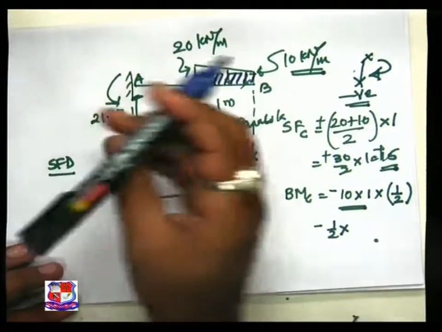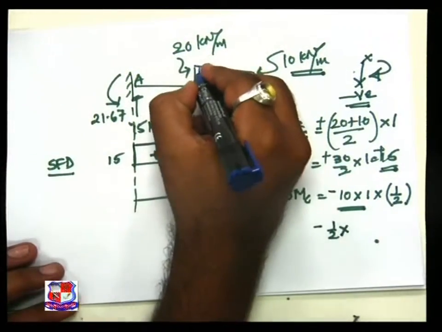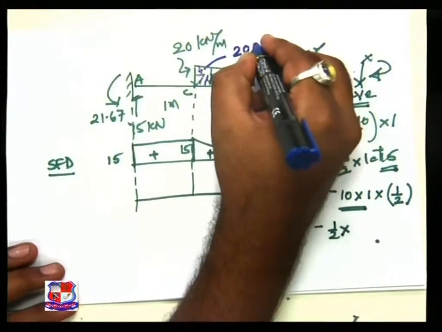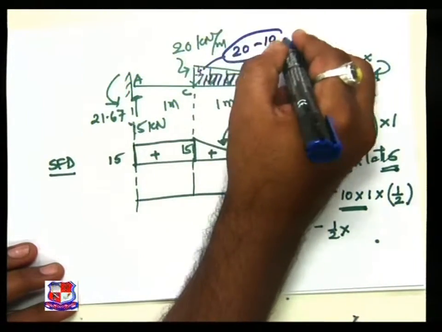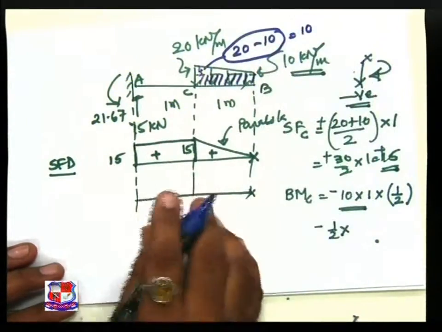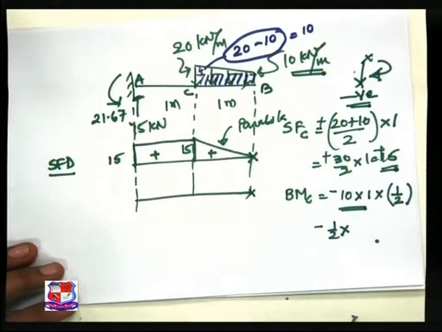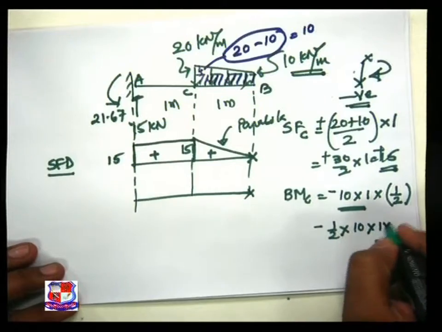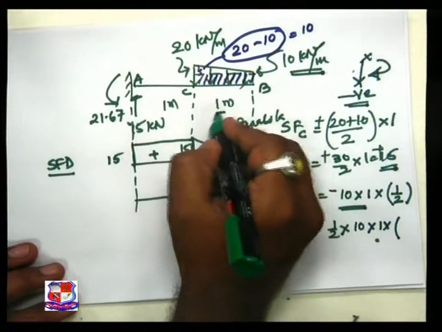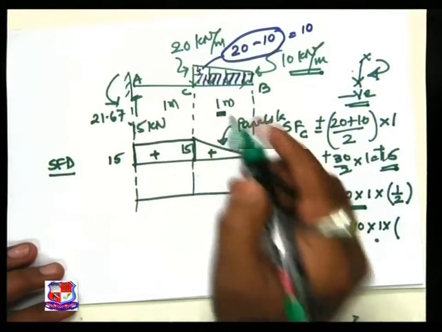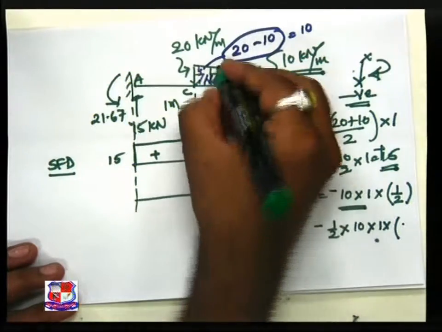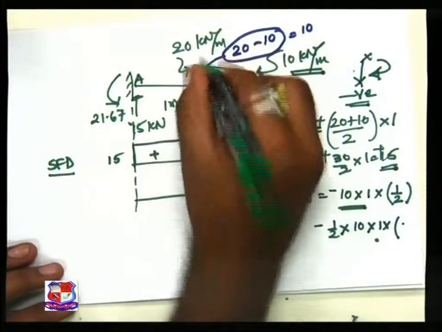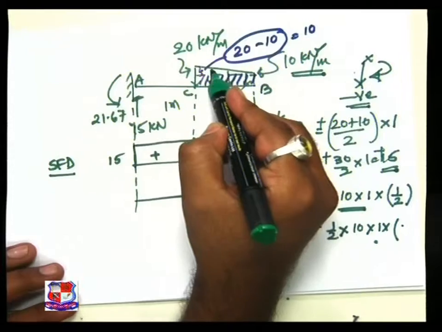Now what is this remaining part? 20 minus 10, that is once again 10. So half into 10 into 1 into 1/3, because this is acting over here at this point.